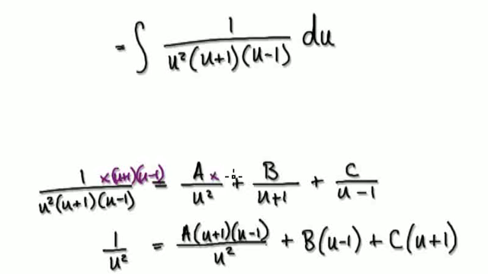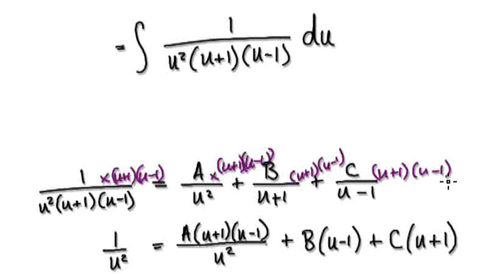And then do the same for this thing here, u plus 1, u minus 1. And then do the same here, u plus 1 times u minus 1. And then do the same here, u plus 1, u minus 1. And then these two will cancel out.